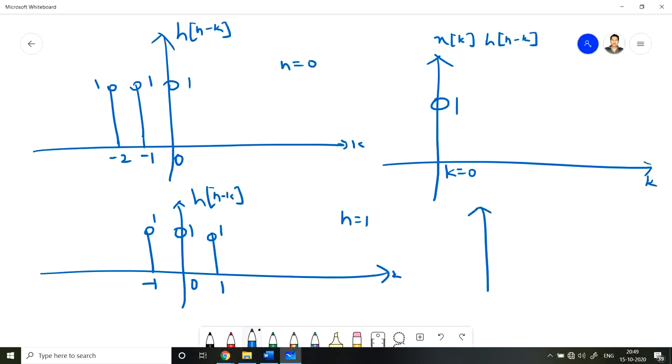In the product of x[k] with h[n minus k], there are 2 overlapping points, at k equals 0 and k equals 1, where we have 1.